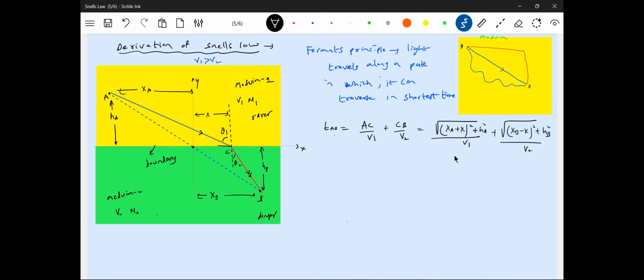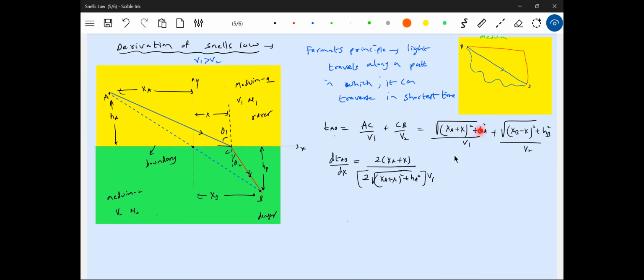Now, it is going to traverse the shortest path. So let me differentiate this with respect to x. This will become 1 by 2 under root of (xa plus x) whole squared plus ha squared, into v1. The derivative will be 2 times (xa plus x).